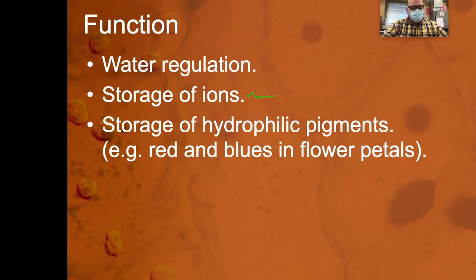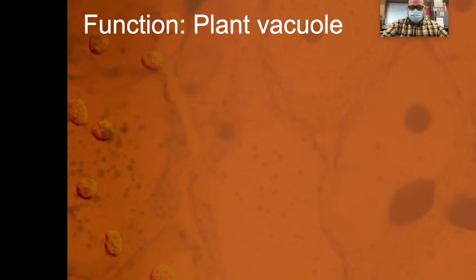These are not the pigments that change in the fall, okay? So that's a little bit different. These are very specialized for flowers. So if you give your loved one a red rose, you can tell them that it's red because of the hydrophilic pigments in the vacuoles. And they'll be more attracted to you because you're so intelligent.